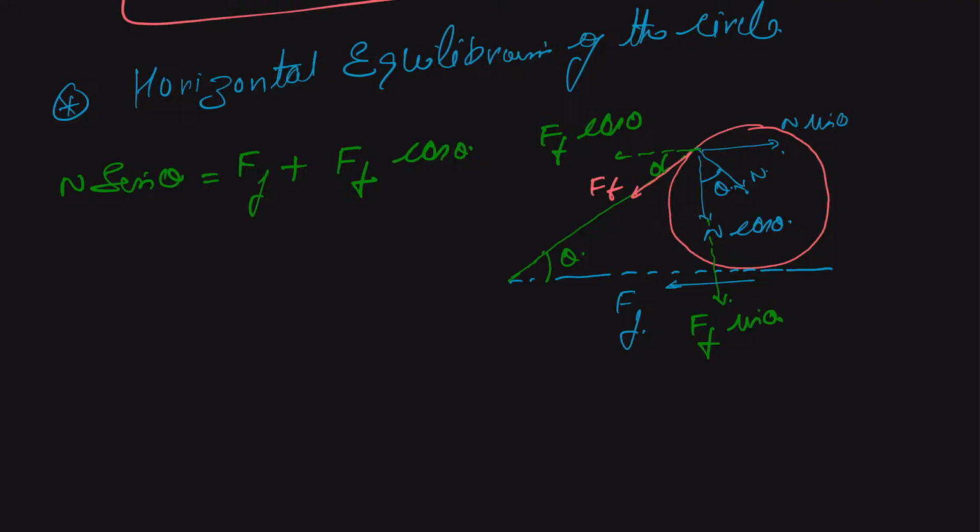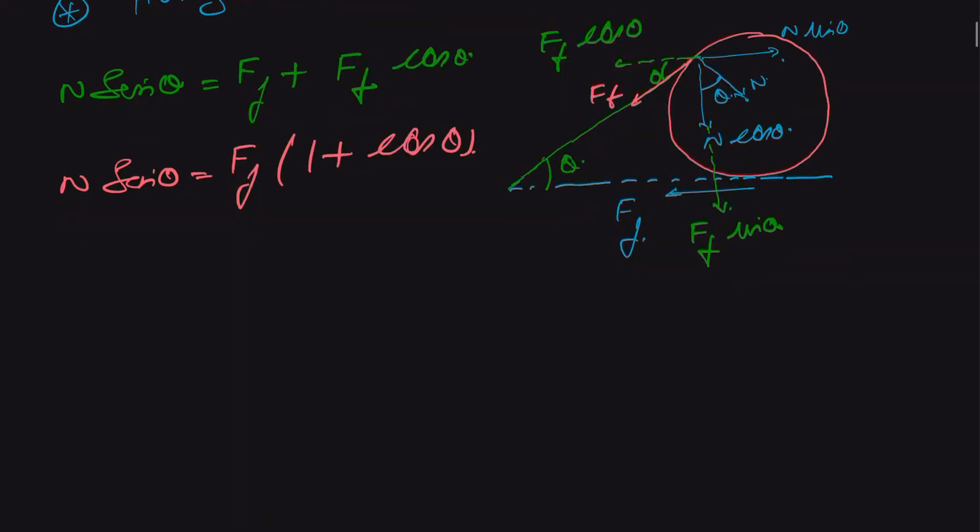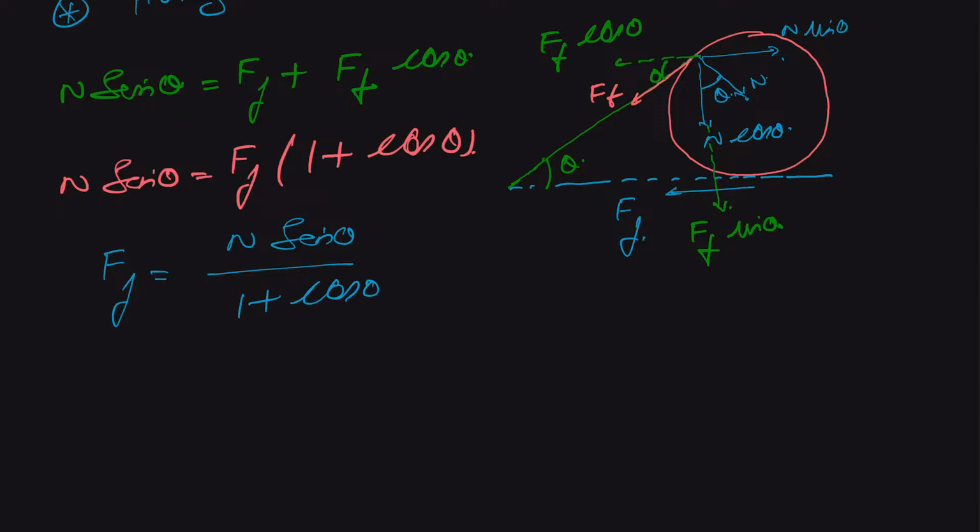Therefore, N sine of theta is equal to f of f times 1 plus cos of theta. And from here we can say the friction between the circle and the ground, f of f, is equal to N sine of theta over 1 plus cos of theta.